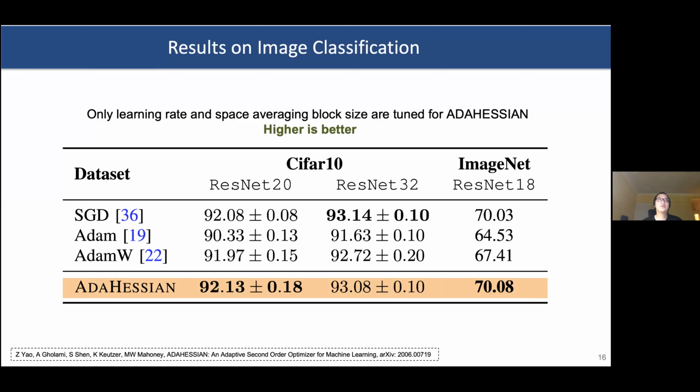You can see the result of AdaHessian is comparable to, even better than, SGD on CIFAR10 ResNet 20 and ResNet 18 on ImageNet, and slightly worse than SGD on ResNet 32. Briefly, AdaHessian's performance is the same as SGD.